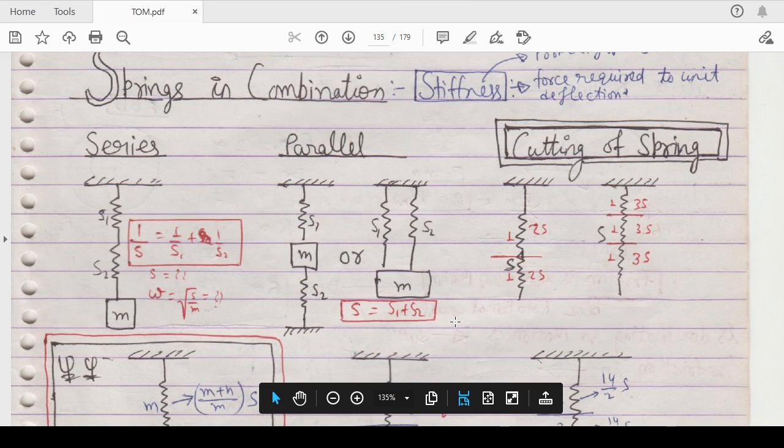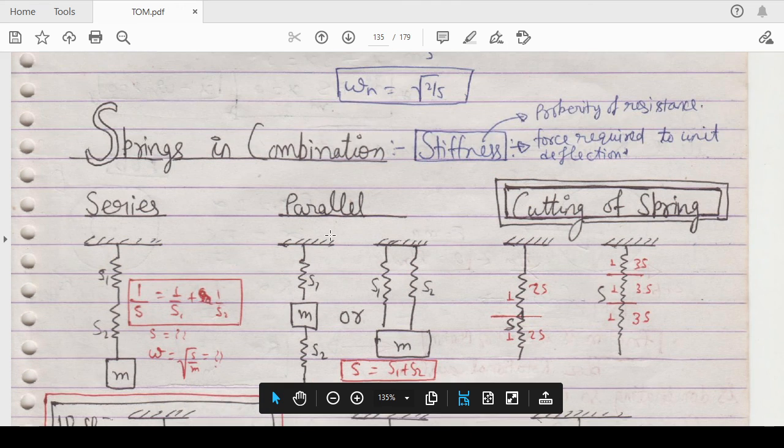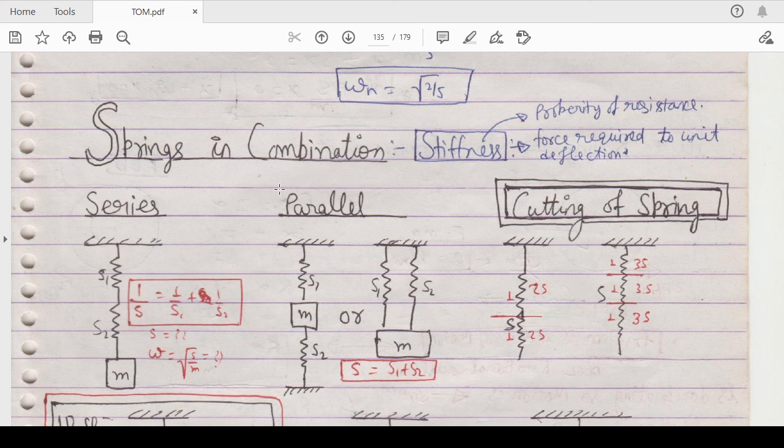Now sometimes in university exams or competitive exams they ask about springs in combination. You usually understand that stiffness is a property of resistance, the force required per unit deflection. As you know, F is equal to K delta, or Sx, so to calculate the stiffness S you divide the force by displacement.